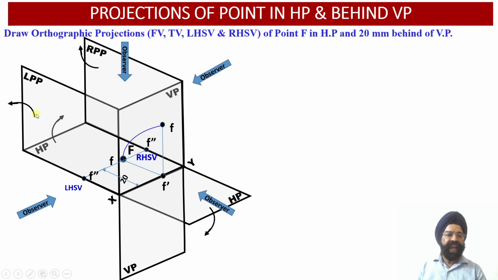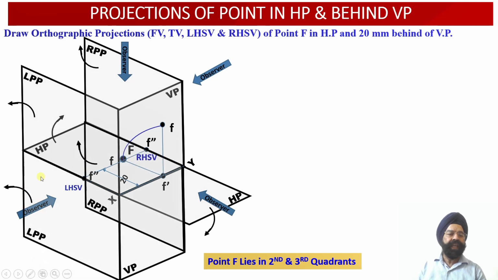As we have already discussed, the left profile plane will be rotated in the leftward direction about this vertical hinge. Similarly, the right profile plane will be rotated towards the rightward direction about this vertical hinge. Now, as we have discussed, this point F lies in the second quadrant as well as the third quadrant.